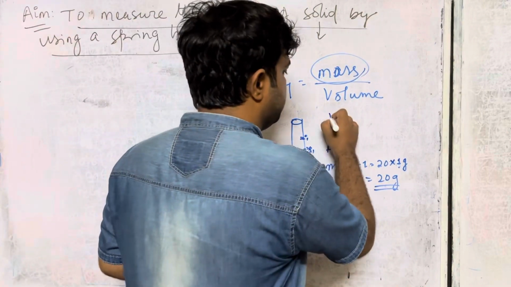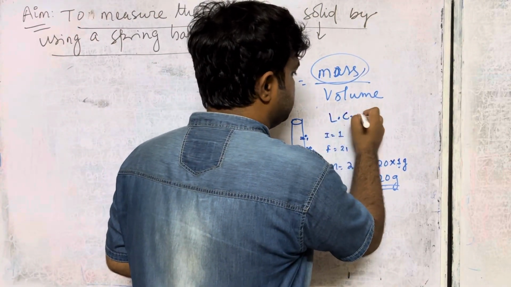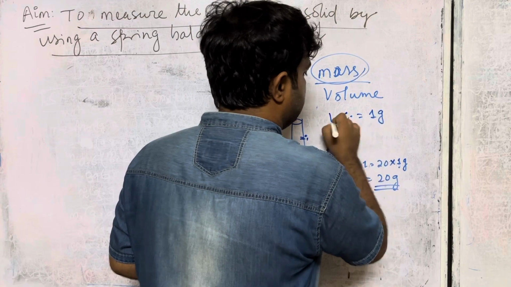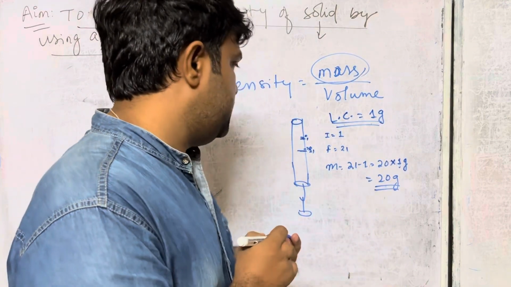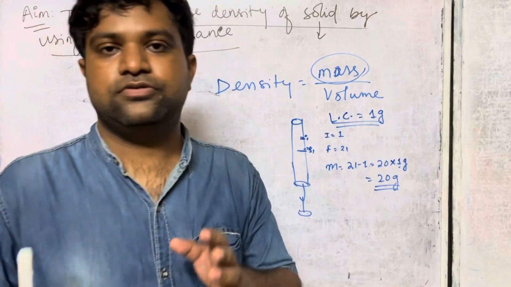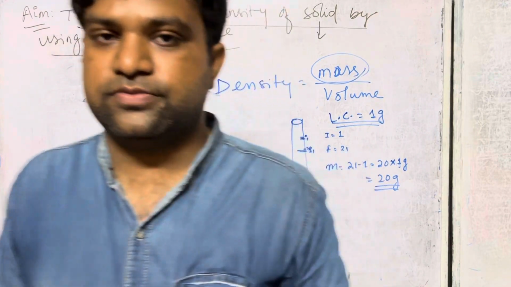The least count is the smallest count, that is 1 gram for this. So you check your spring balance, what is the least count. Then we'll come to the measurement of the volume of our substance.